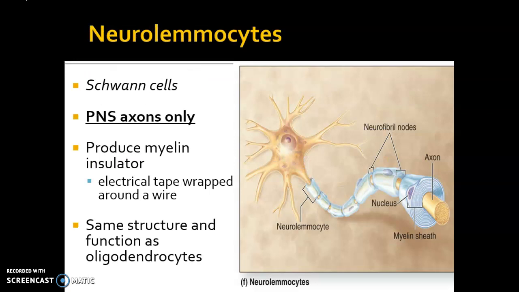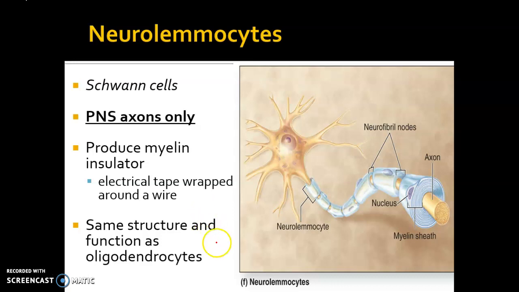Then we have neurolemmocytes. They are also known as Schwann cells. Neurolemmocytes are the glial cells of the peripheral nervous system, and like the oligodendrocytes that we saw in the central nervous system, neurolemmocytes also help in the process of myelination. But it's one-on-one basis.